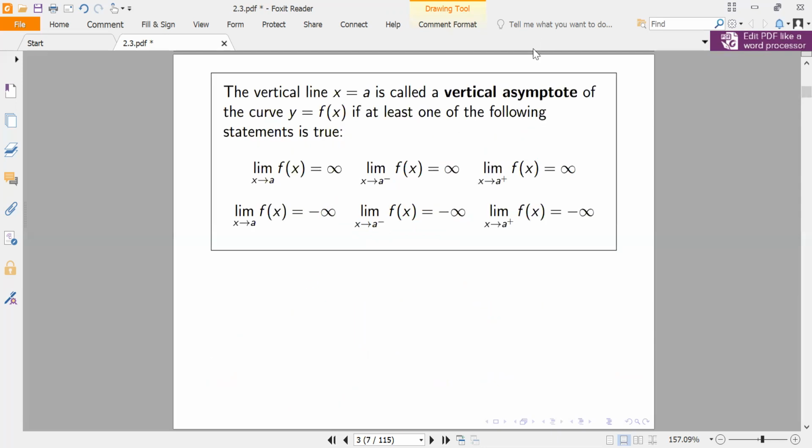And again, we spoke about the vertical asymptote. We said if x approaches some certain value a, and f of x becomes bigger and bigger, then we say it goes to infinity or to negative infinity, like you can see here. These are the left and right sided limits.